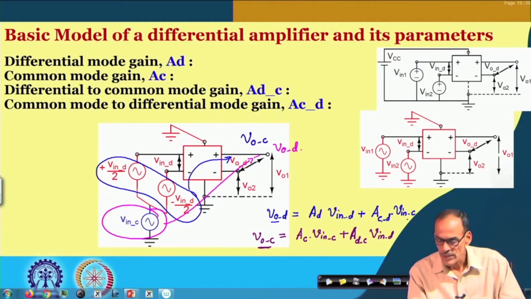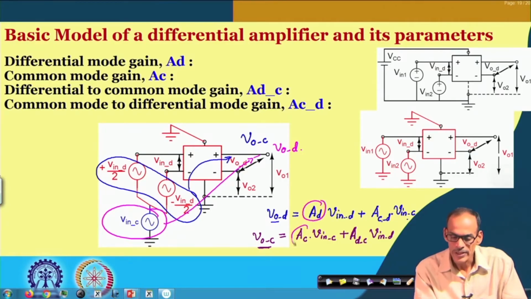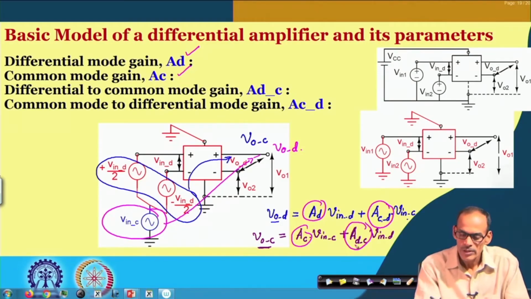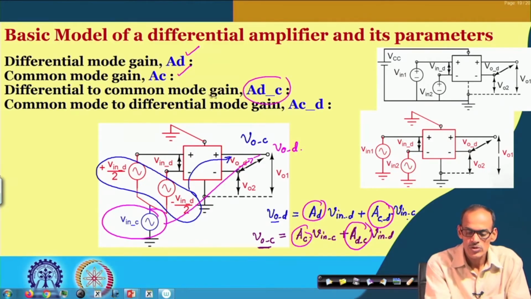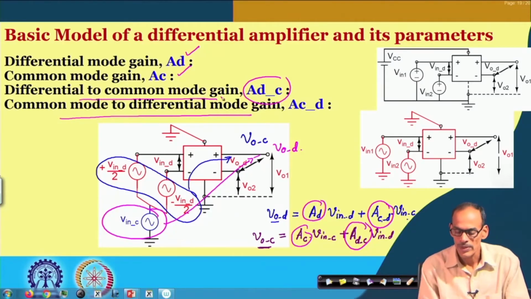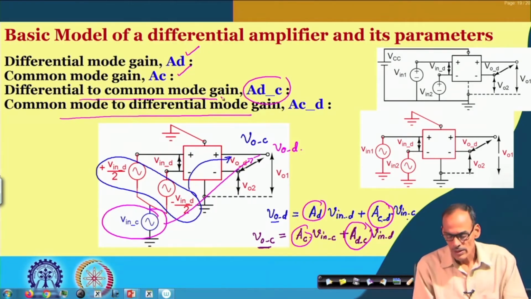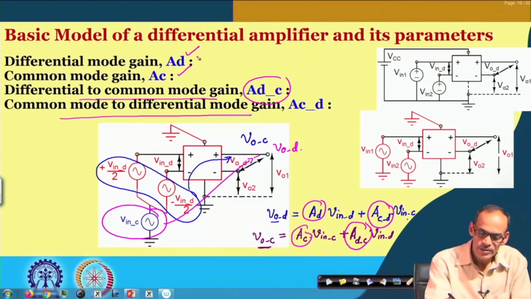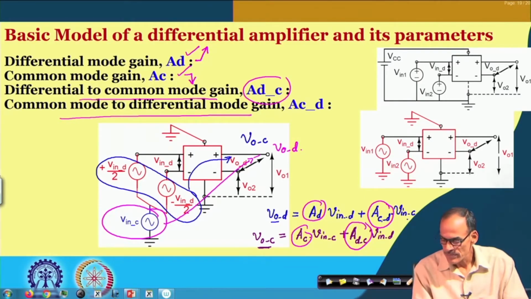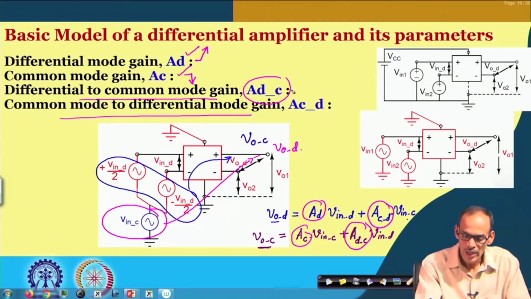So, apart from A D and A C, which we already have defined here, we may have two more parameters. So, we do have differential to common mode gain and then common mode to differential mode gain. Okay. So ideally, as I said, we want this to be as high as possible and this to be as low as possible. Likewise, here also we would like both these parameters to be as small as possible.